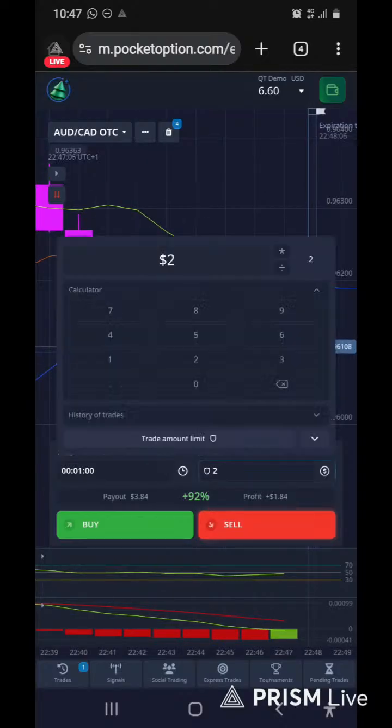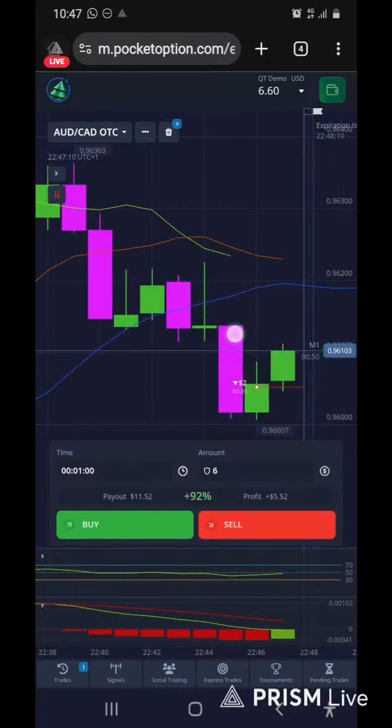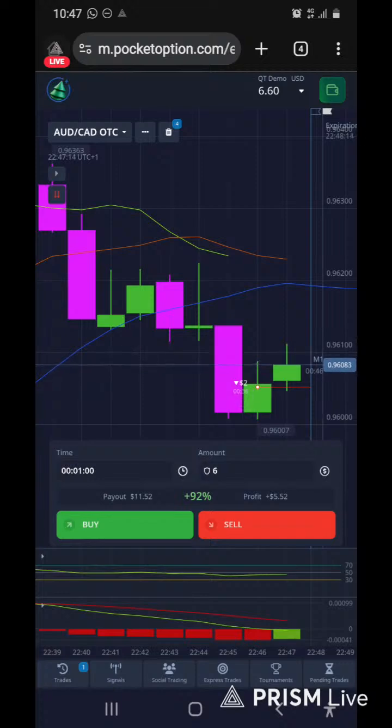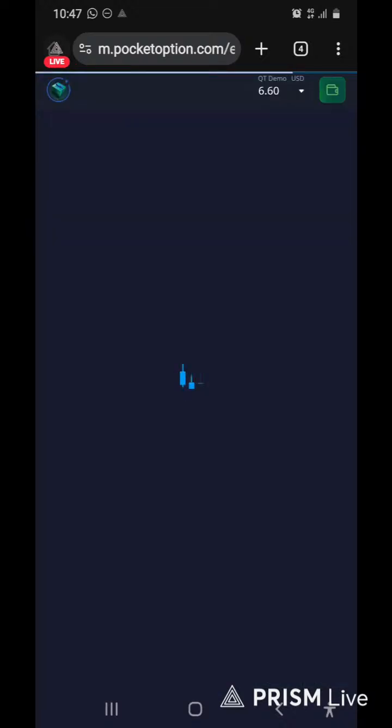If I lose this one, I'll get the next one, which is $6. If it creates 2 green candles, the third one will be a red one.